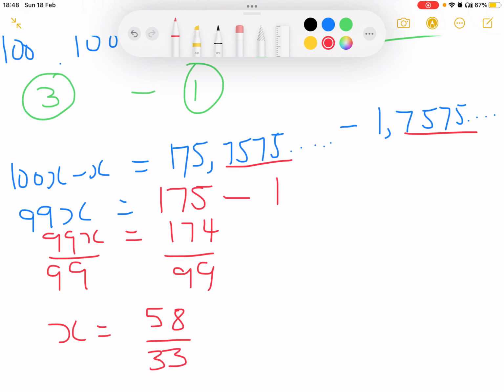So if you type 174 over 99, you get 1.75757575. Real quick. Okay. Thank you.